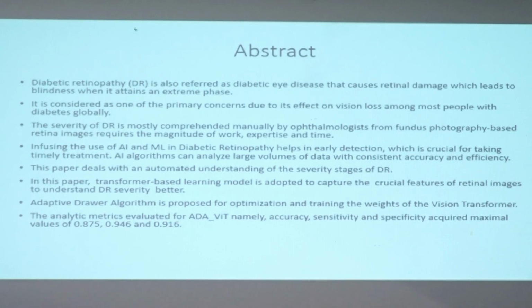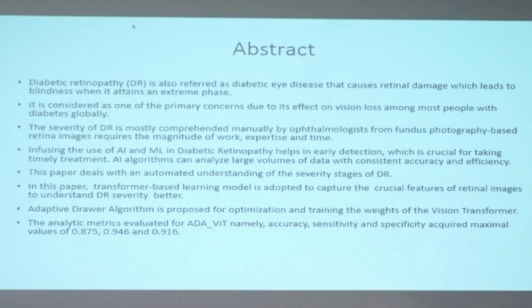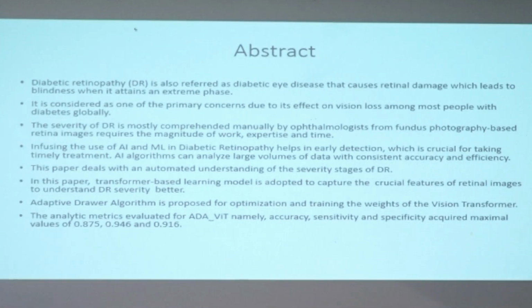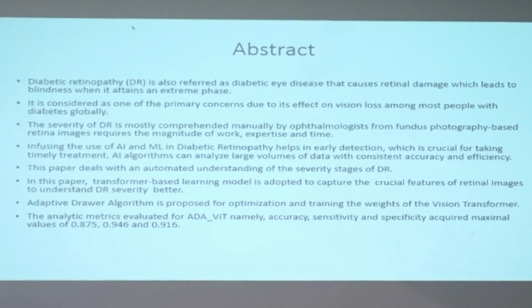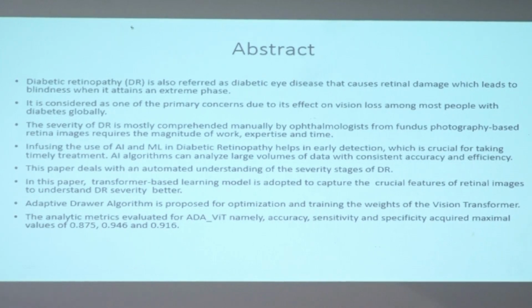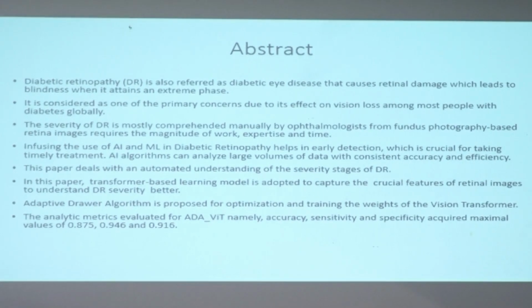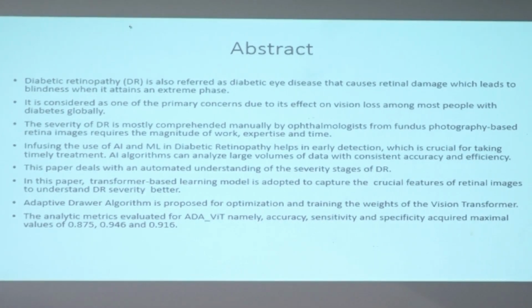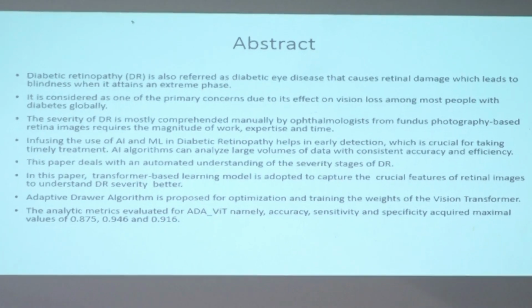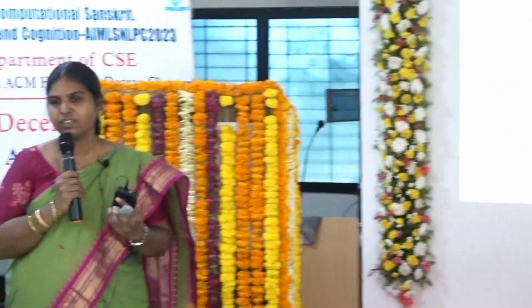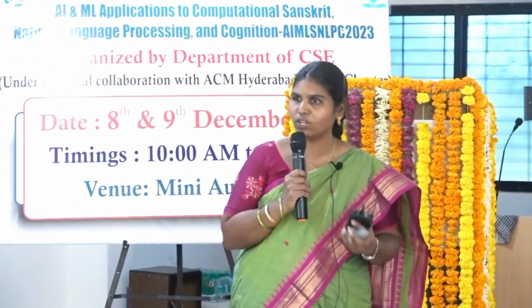Usually if the eyes are affected, we go to an eye doctor, an ophthalmologist. The eye doctor takes the scan and checks it. When the patients are many, the doctor has to check each and every scan, and there is a chance that he may overlook.